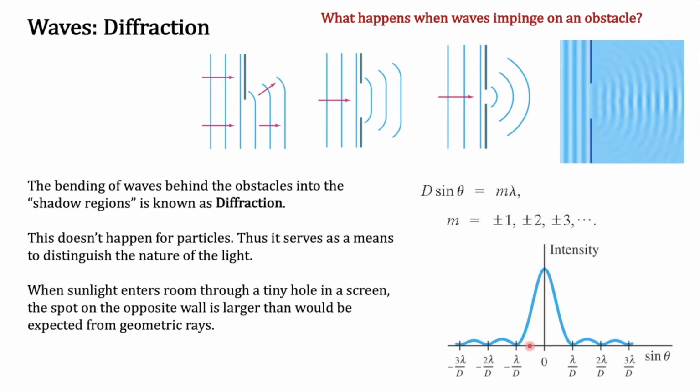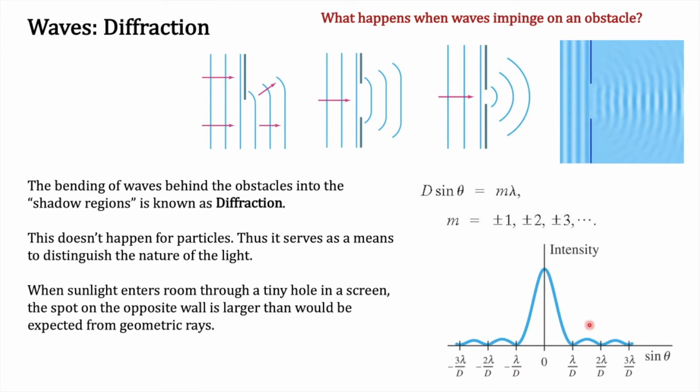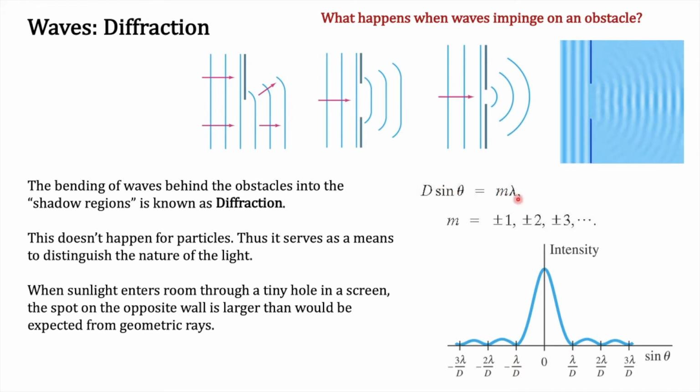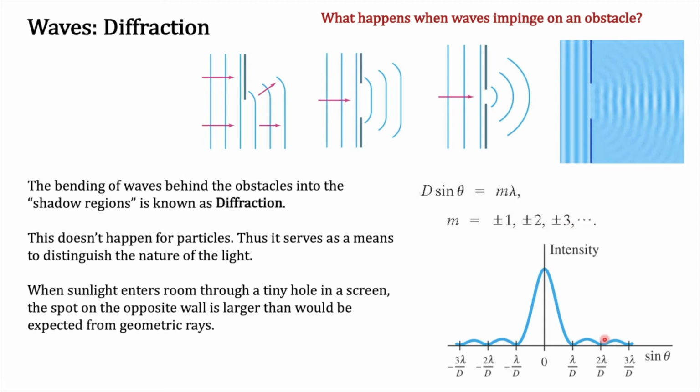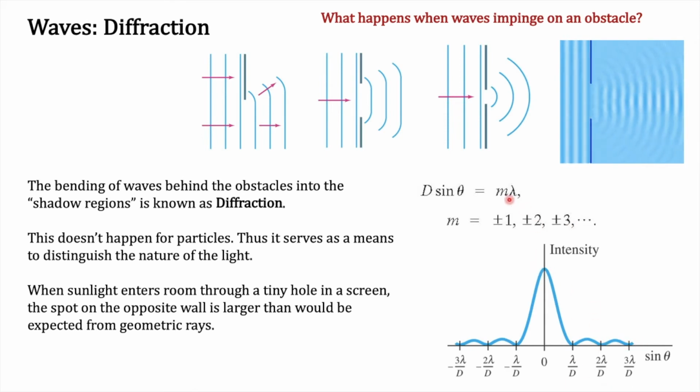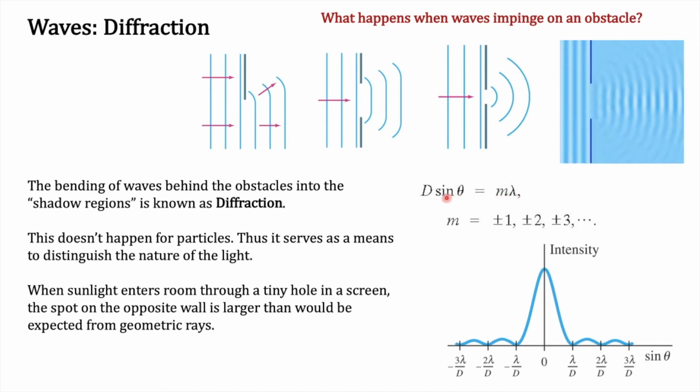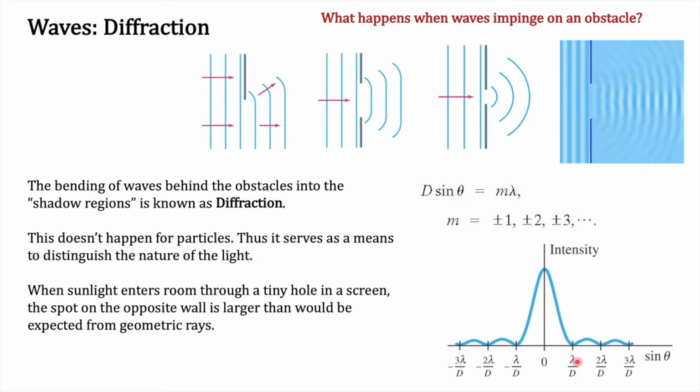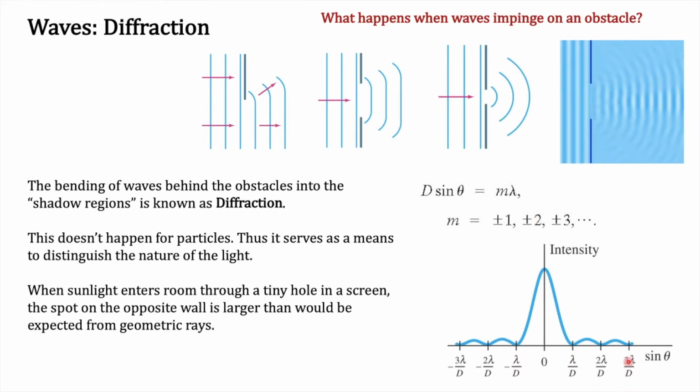Downward you can take -1, and upward to the right you can take the +1. And when d sine theta is m lambda is satisfied for m equals to 1 to 3, we get the minima here. So when m equals to 1, sine theta is lambda by d. And when m equals to 2, it's 2 lambda by d and 3 lambda by d, and so on.